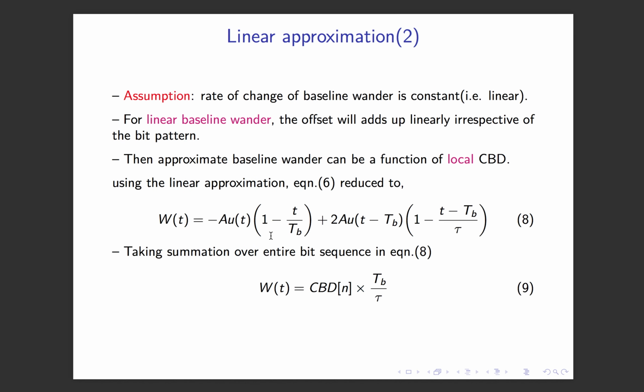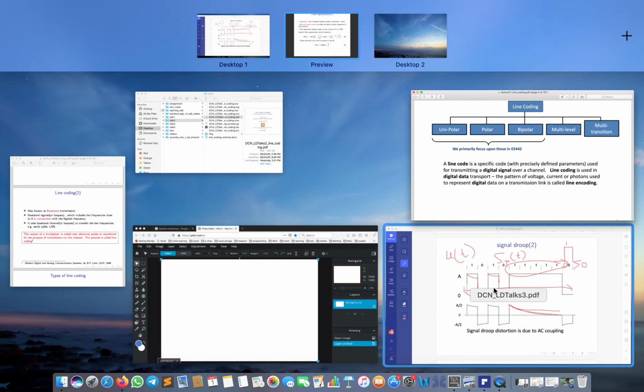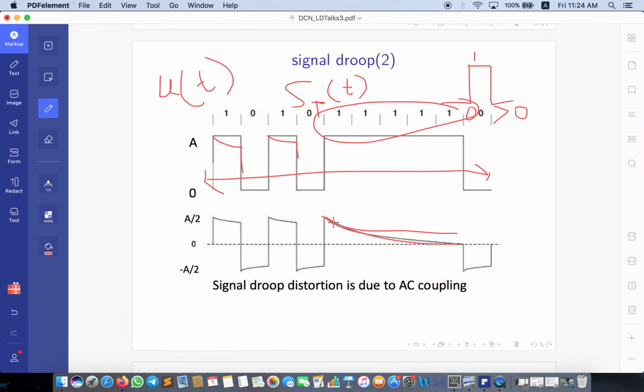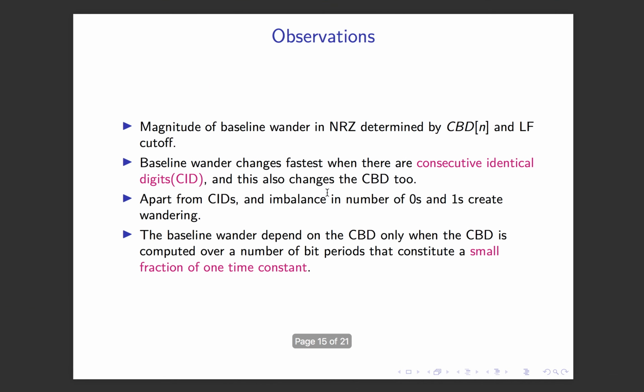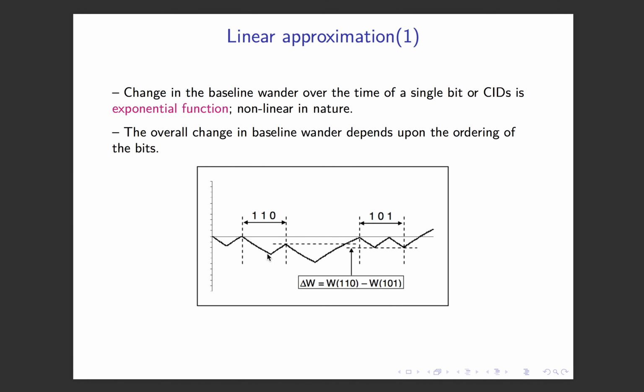We are assuming that the rate of change of baseline wander is constant, because in the previous signal we saw this rate is not really constant; it's exponentially falling. But for now, as we are taking local measures, if I look around a very small part, up to this point, this seems linear, right?